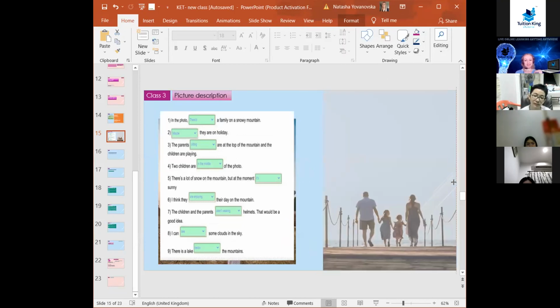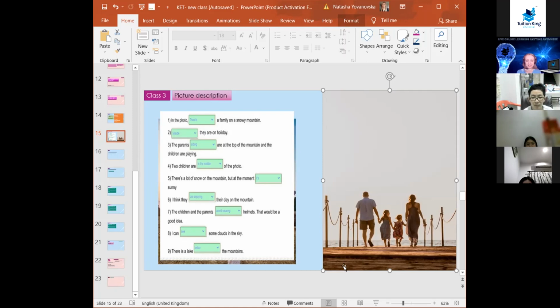In the picture, there's a family. Maybe they are on holiday. The father wears a white shirt and red shorts. The mother and her two daughters wear skirt dresses. Okay, good.